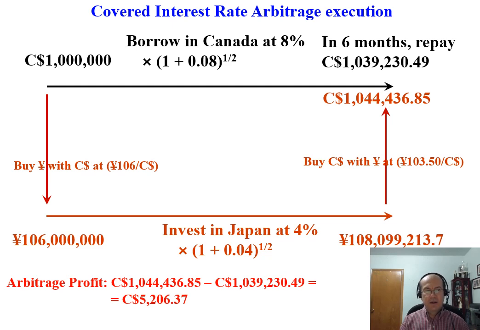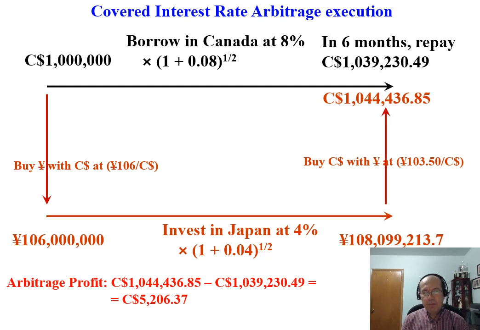Let us start with the spot exchange rate. At the spot rate, you are buying Japanese yen with Canadian dollars. So by buying Japanese yen, you're increasing demand for Japanese yen, and by increasing demand of Japanese yen, you will be pushing the price of Japanese yen higher.